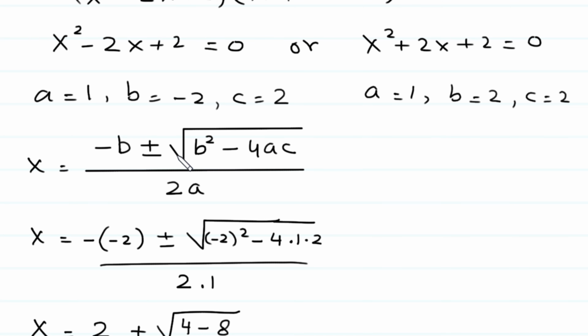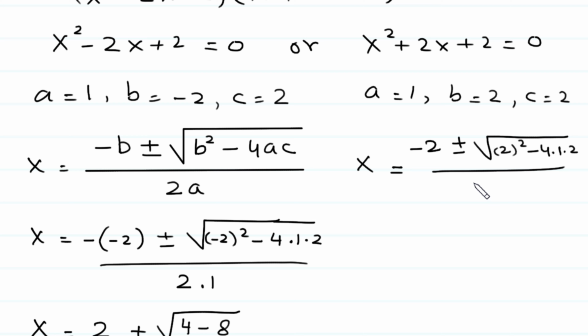And we apply this quadratic formula. x is equal to minus value of b, which is positive 2, plus minus square root of b square, 2 square, minus 4 times value of a 1 times value of c 2, divided by 2 times value of a 1.